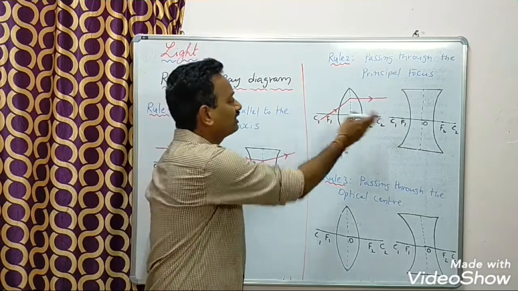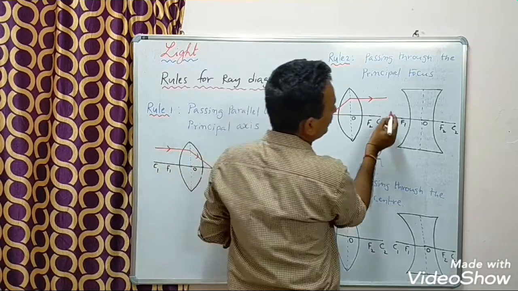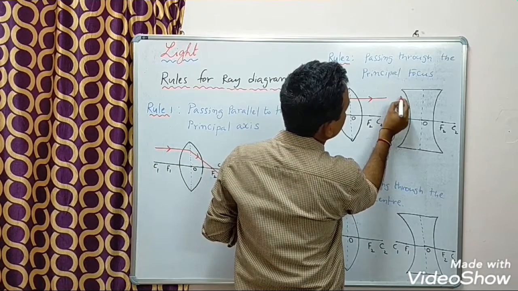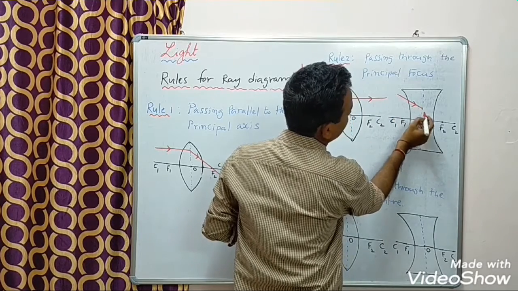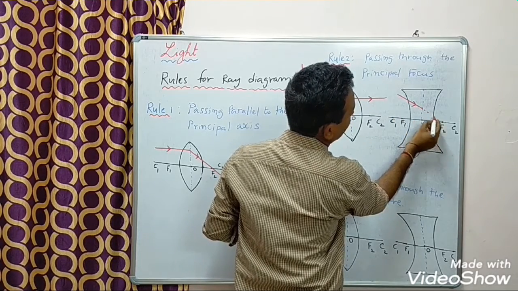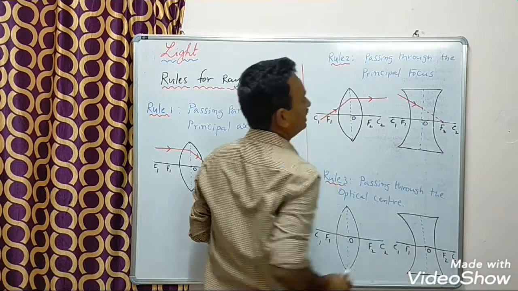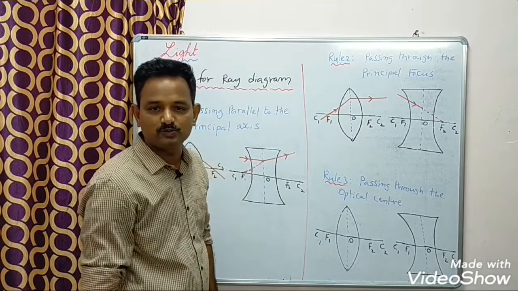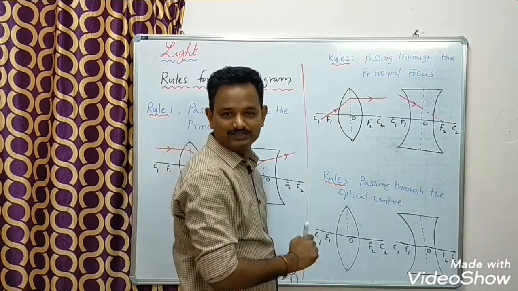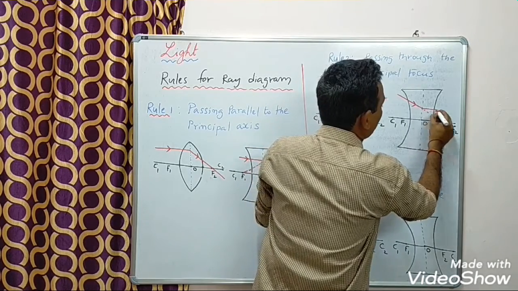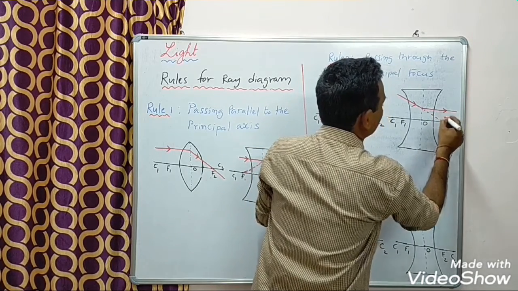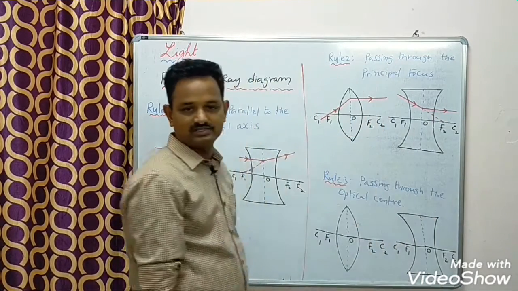Then, for concave lens, a light ray appears to pass through the principal focus. See, I am using dotted lines here. A light ray appears to pass through the principal focus of a concave lens. After refraction, it will go parallel to the principal axis of concave lens.